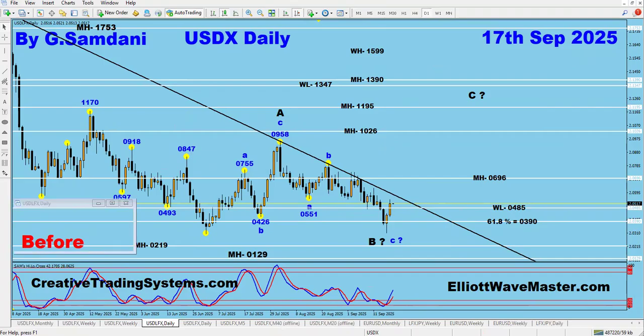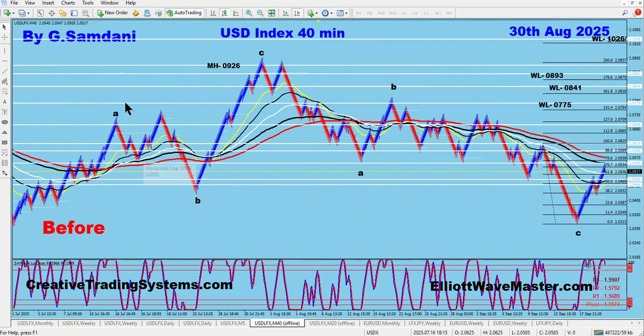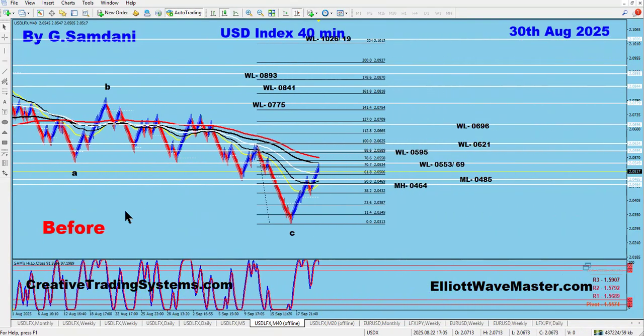So on a 40-minute chart, this is how it looks, right? This is ABC, then ABC, B, and then we're going to go up for wave C, 1, 2, 3, 4, 5, maybe. On a 40-minute chart, this is where I go by with my harmonic pattern, small harmonic pattern, and then the entries from 2007.